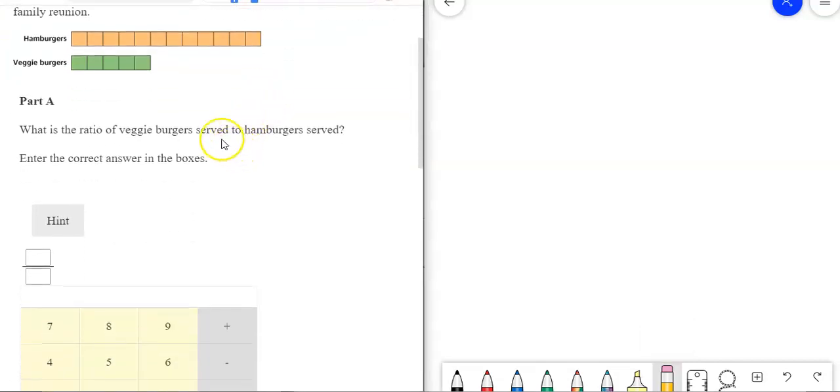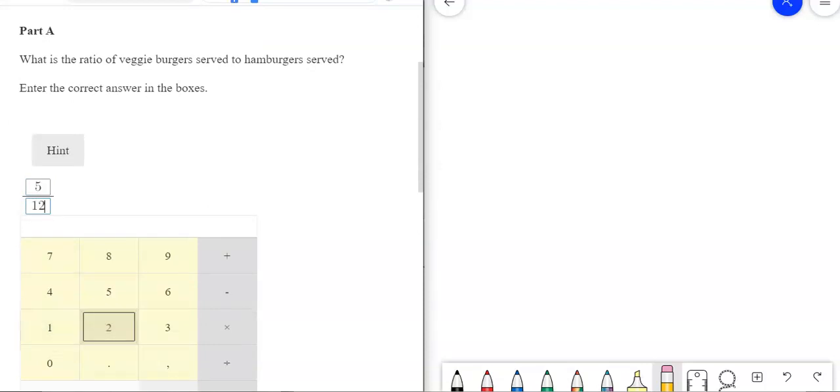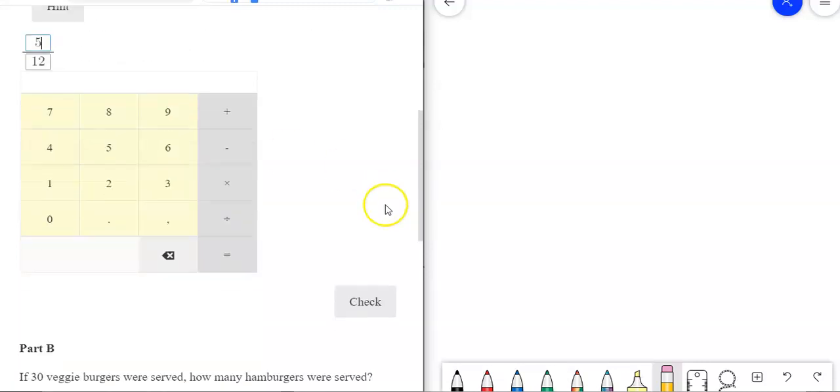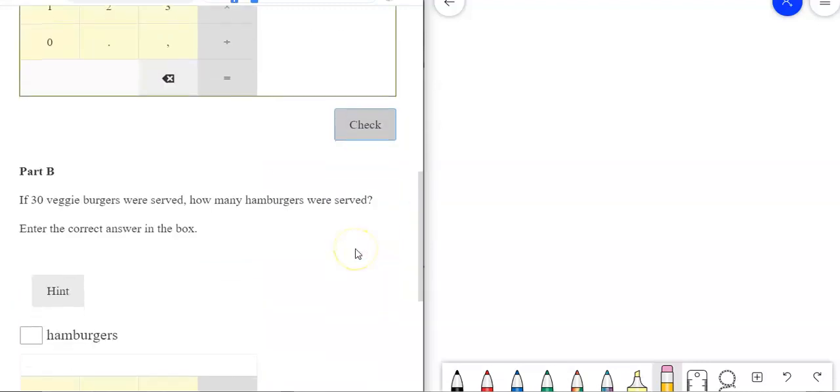So what is the ratio of veggie burgers served to hamburgers? It is 5 to 12 because we have 5 veggie burgers and 12 hamburgers. And we did veggie burgers first because they asked veggie burgers first.